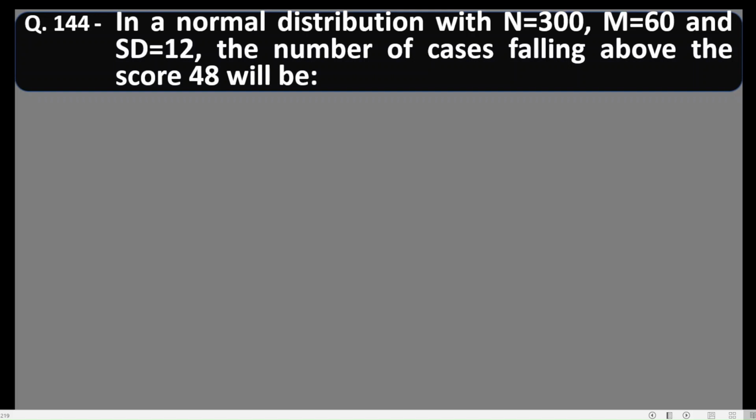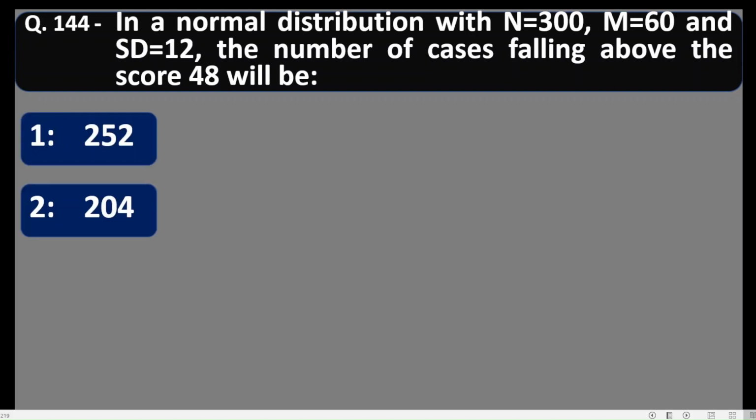So here 48 is considered as X, meaning it is a single datum of the entire data range. We have to find Z of this 48. Then we have to decide how many cases are falling above the score 48. Let us see the options.